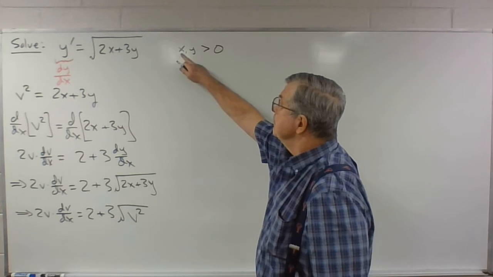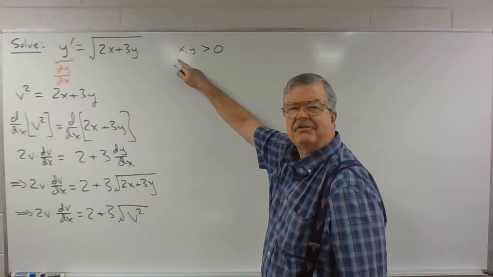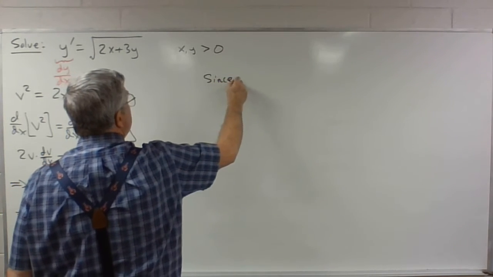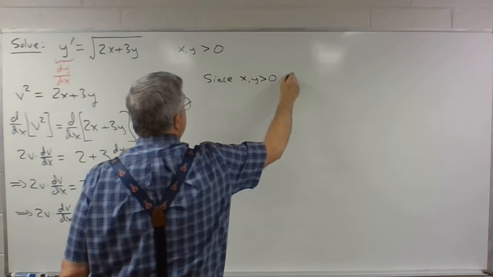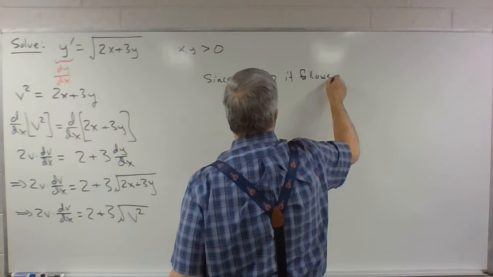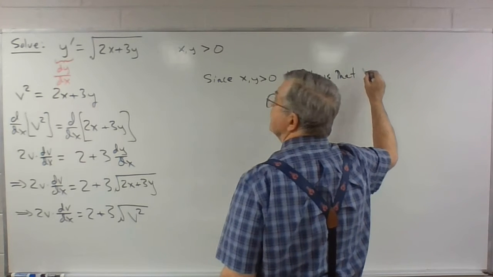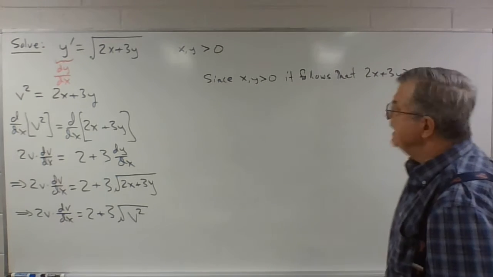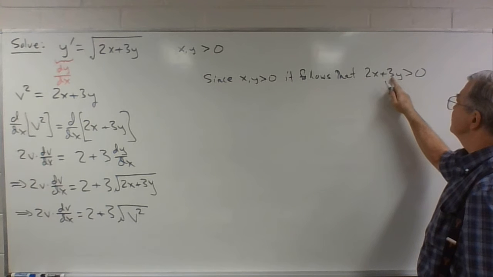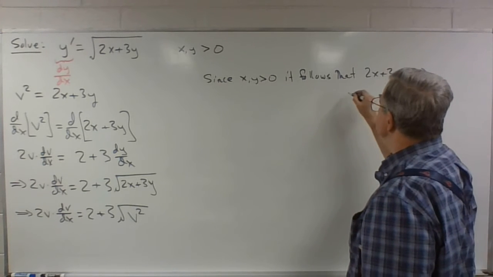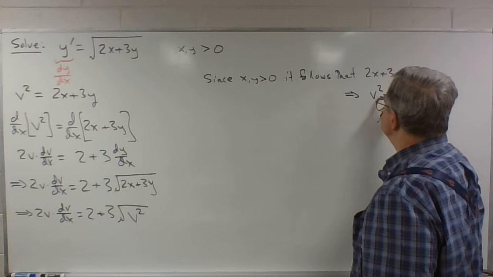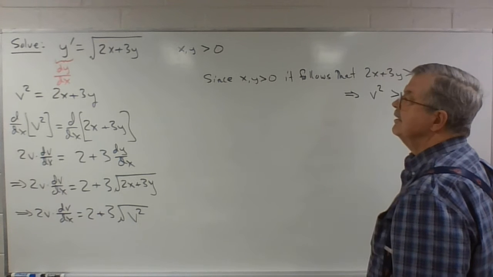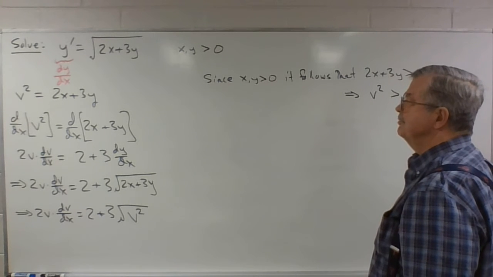But x and y are both positive. If x and y are both greater than 0, 2x plus 3y is greater than 0. And that means that v squared is 2x plus 3y.